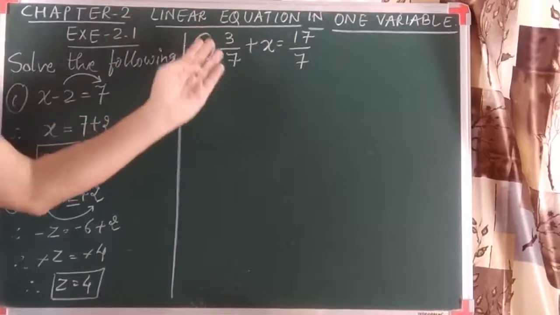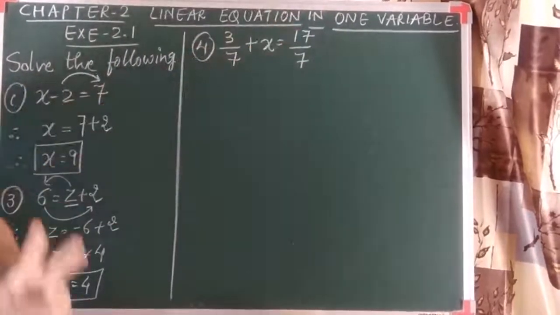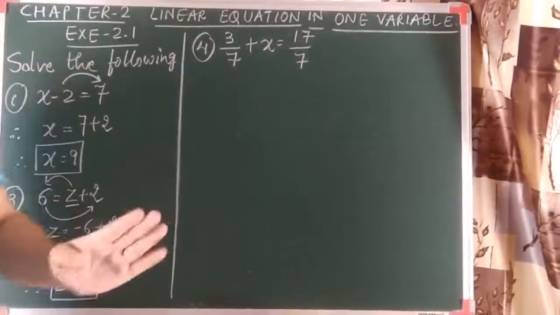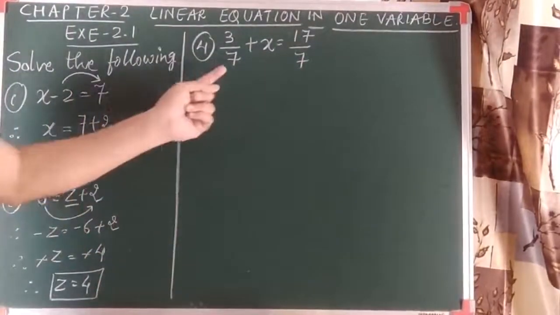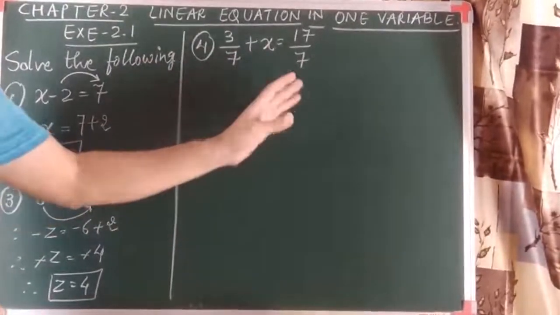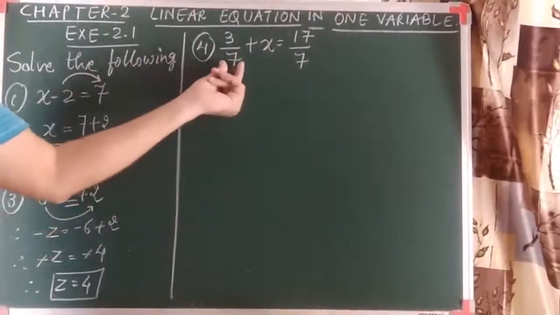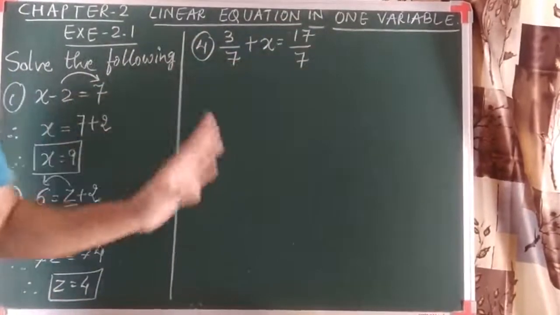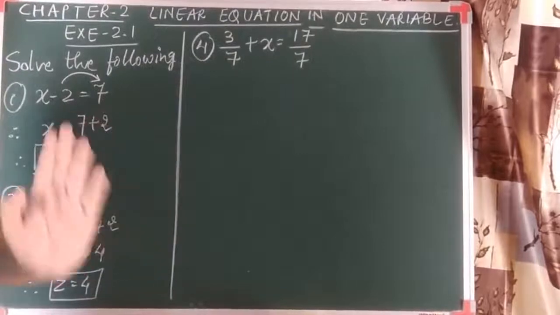All the variables on the left hand side, all the constants on the right hand side. Second condition: we do not want any term in fraction form. Fraction means p by q. I don't want a denominator, so we have to convert this denominator into integer form. We have to convert the rational into integer form.